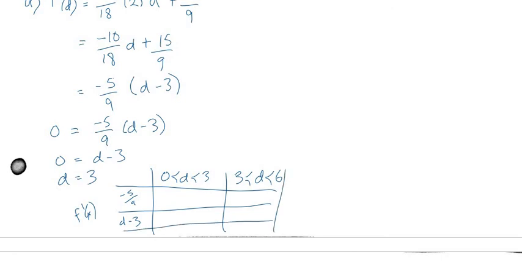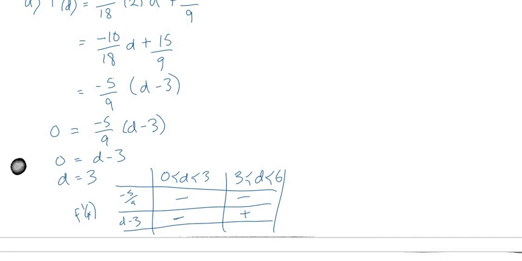So negative 5/9 is always going to be negative. The day is not going to change that. All right. So for between 0 and 3, let's look at d minus 3. Everything there, doesn't matter what we pick for d, it's going to be negative. And then once we get past 3 days, it's going to be positive.